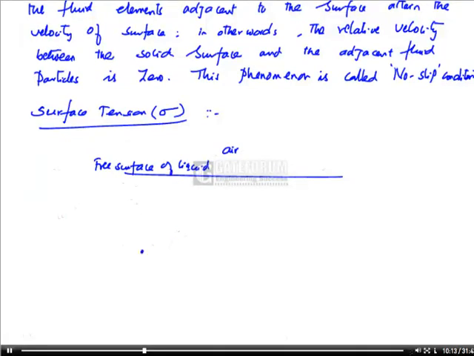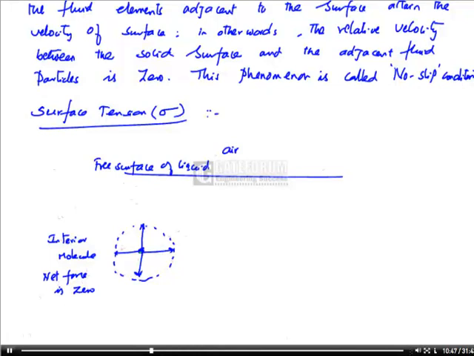If we consider an interior molecule, it is being pulled from all the directions with the same magnitude of force, and hence net force on this interior molecule is 0, because it is equally pulled from all sides by the adjacent molecules due to the cohesive nature of the forces. Net force is 0.